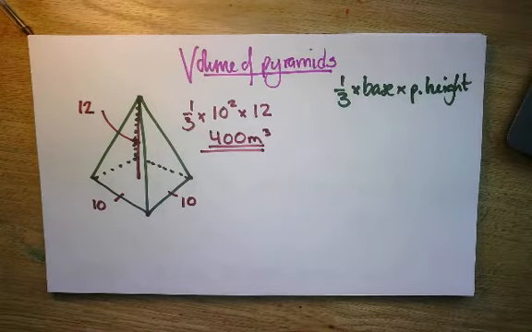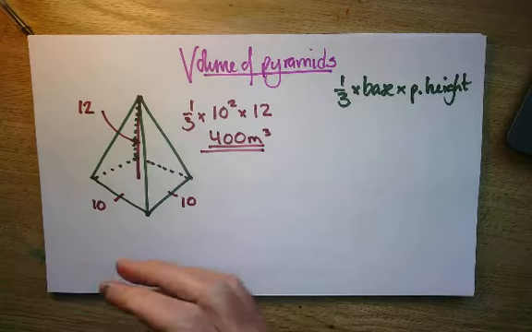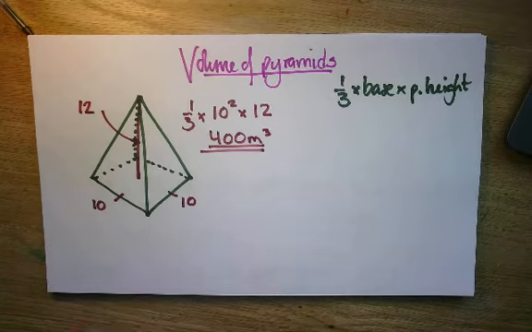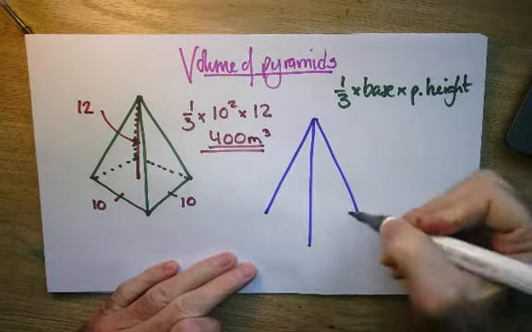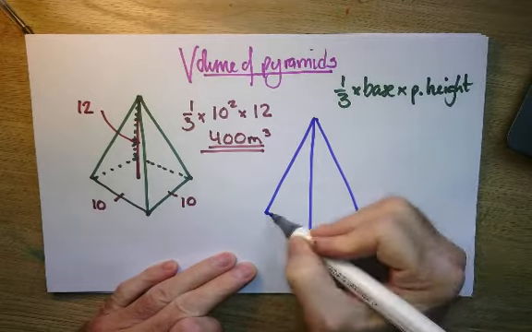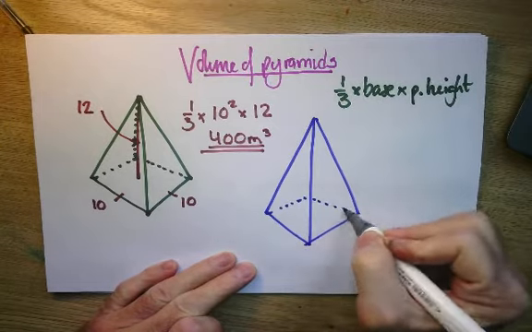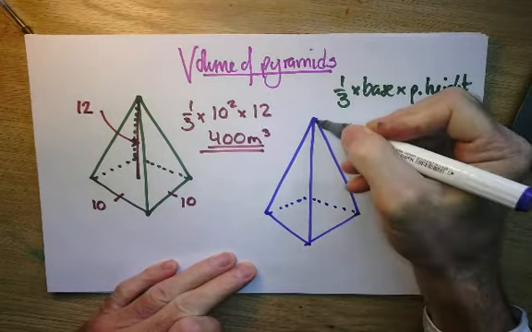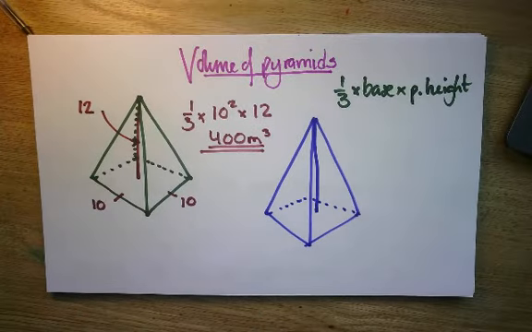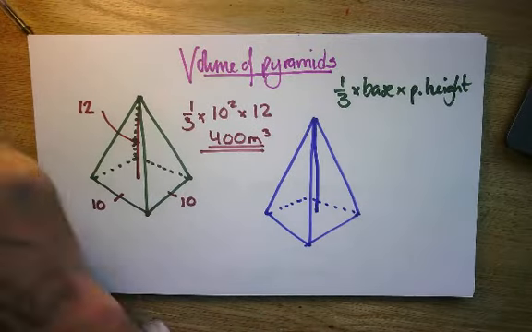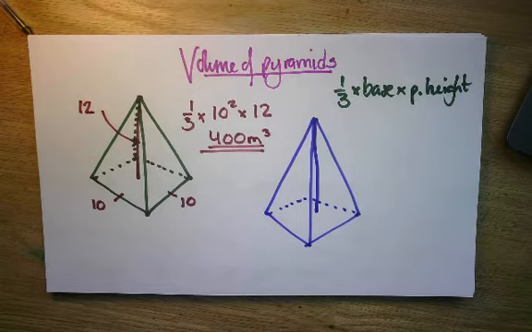Now that's all well and good. But what happens if you don't know the perpendicular height? Well, in that case, let's have another square base pyramid. Square base ones are really good ones to get your head around. So here we go. We don't know this perpendicular height, but we might know what we call the slant height.